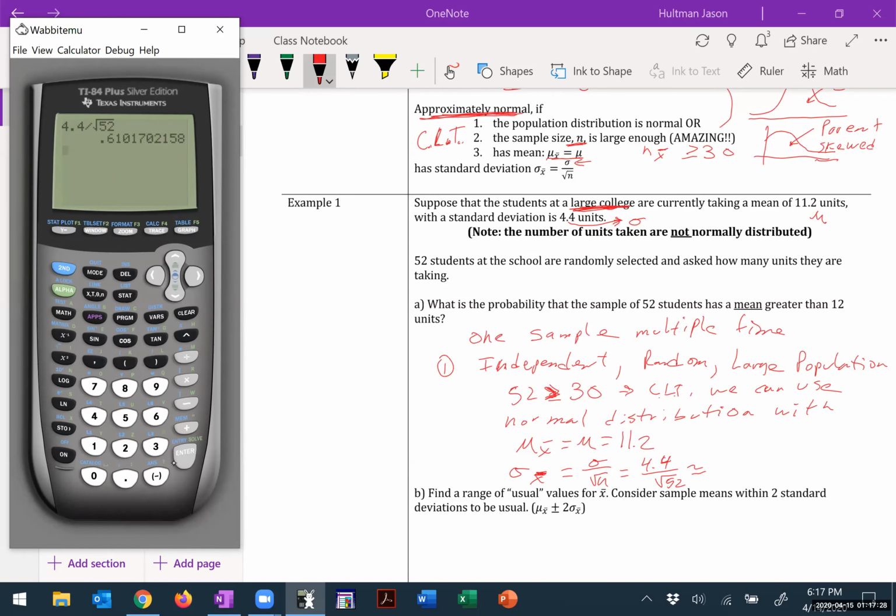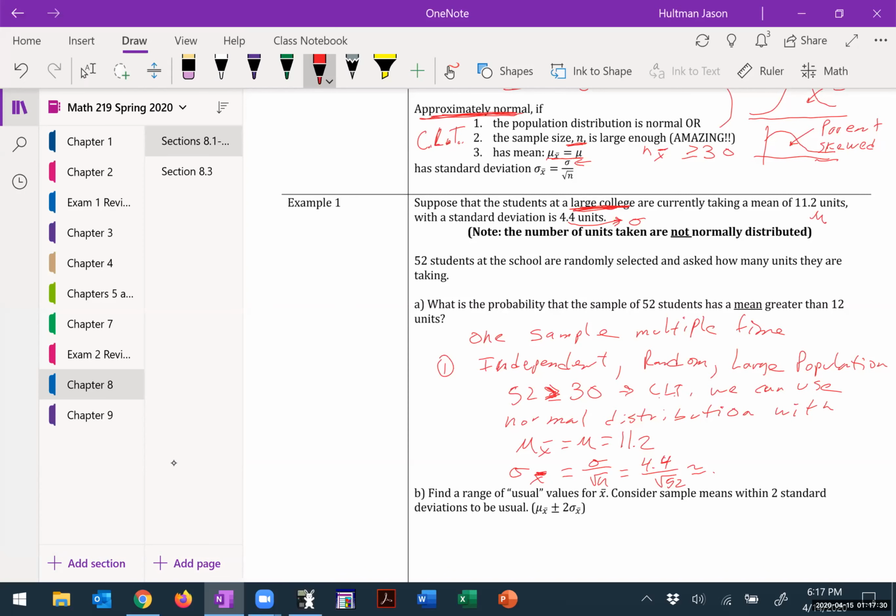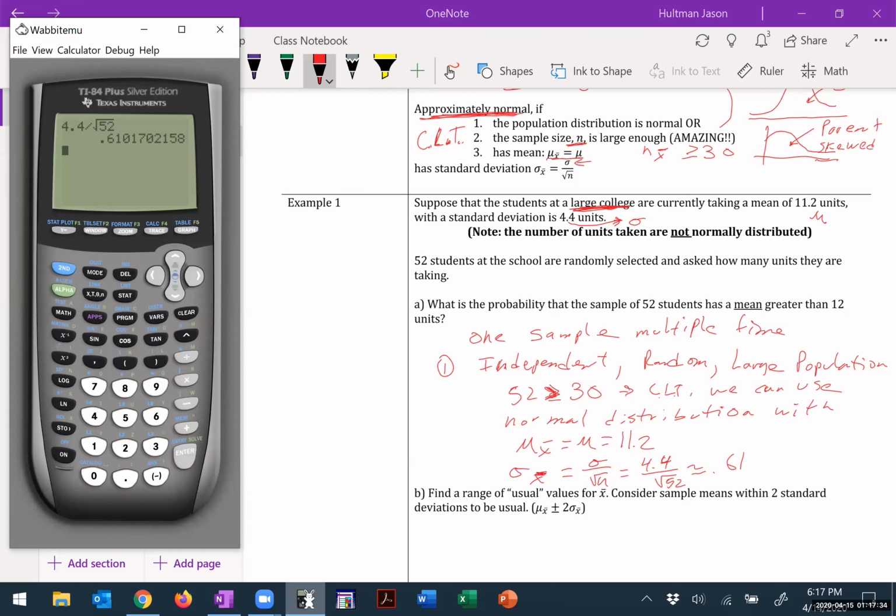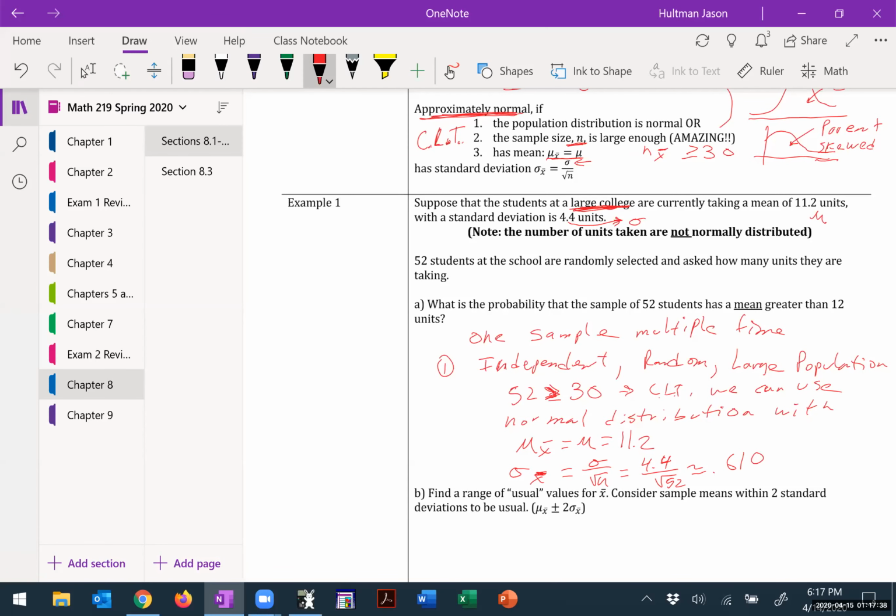And I'm getting about 0.610, yeah, 0.610 or just 0.61.